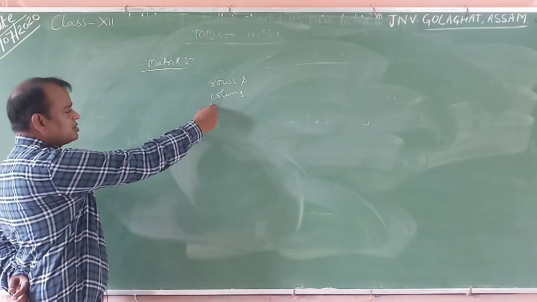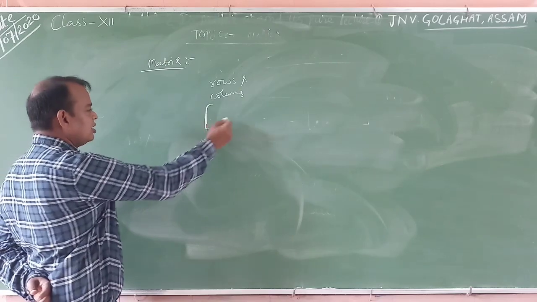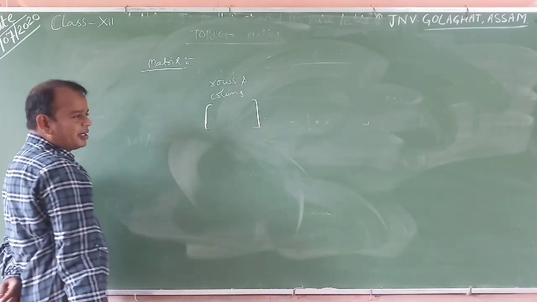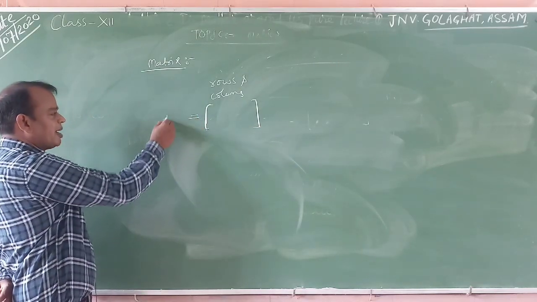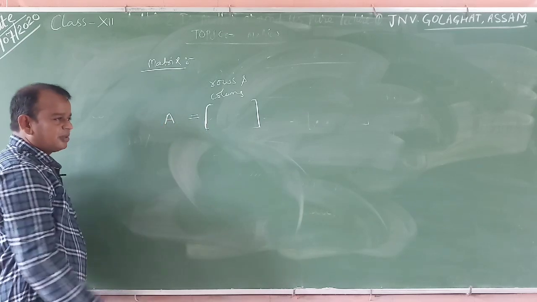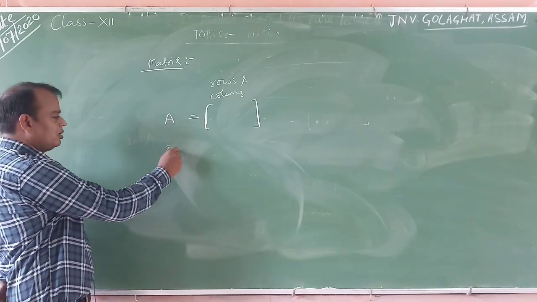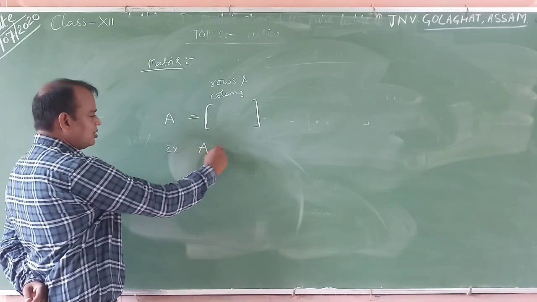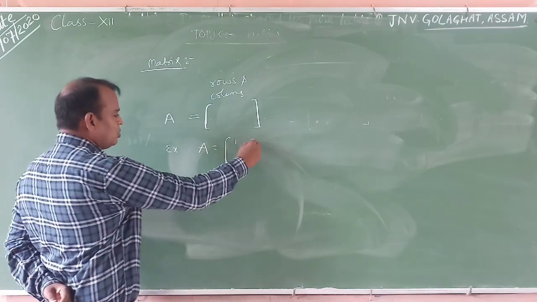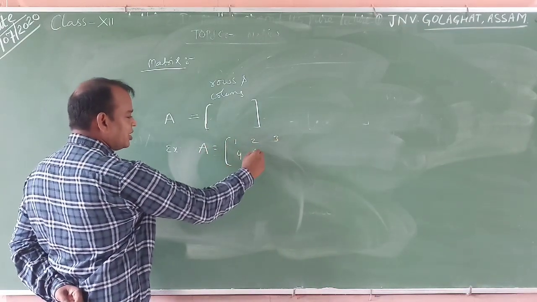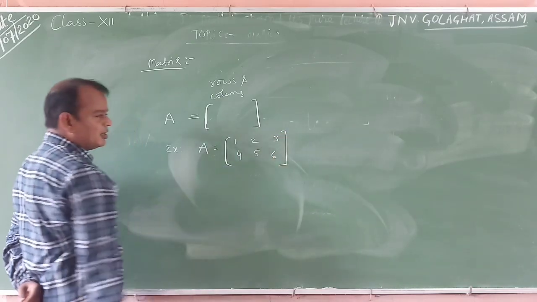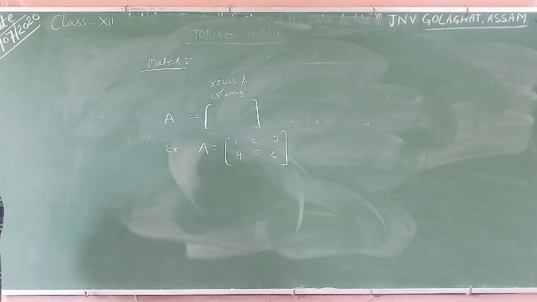Now, matrices are denoted by closed brackets and indicated by capital letters. For suppose, we can take the example A is equal to 1, 2, 3, 4, 5, 6. This is an example for the matrix.